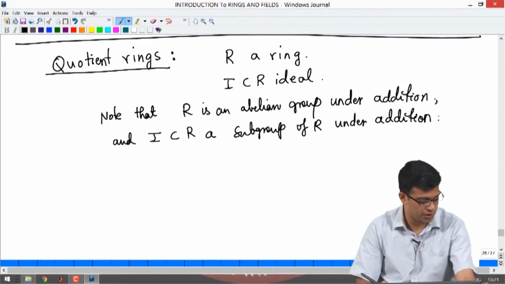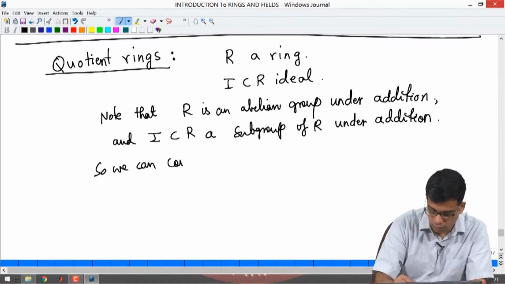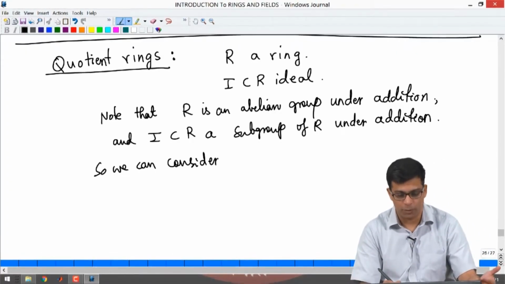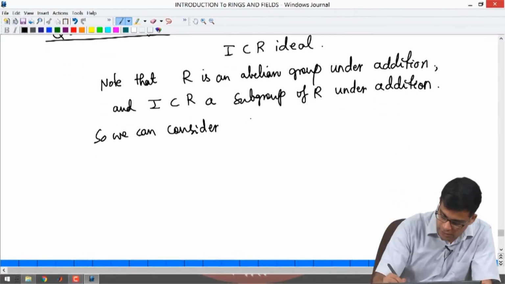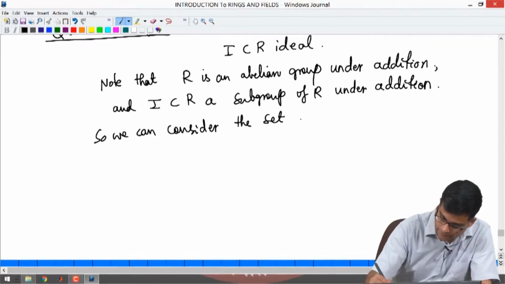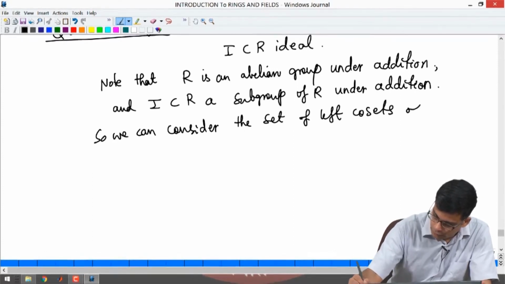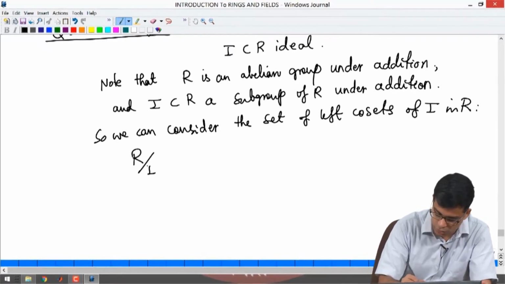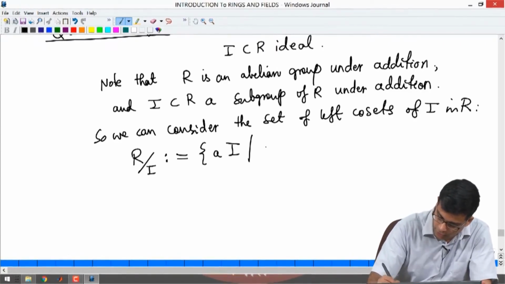So, forgetting the multiplication on R and the additional property of an ideal, which we do not need for the moment, we can consider the set of left cosets of I in R. We will denote this as usual by R mod I.